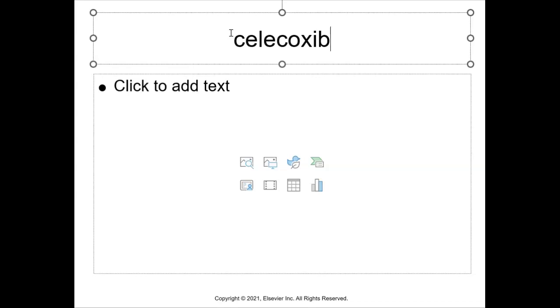But owing to the concerns about cardiovascular safety, celecoxib is considered a last choice drug for long-term management of pain. But the nice thing about it is it's dosed every 12 hours, and some people just don't respond to ibuprofen as well as they do to celecoxib.